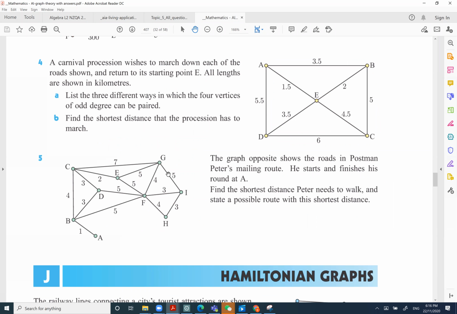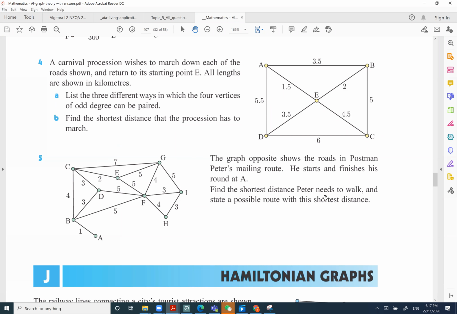Oh, 4, 4, 3, 6, 3, 4. Okay. This one has a degree of 3. D has 3. E has 3.